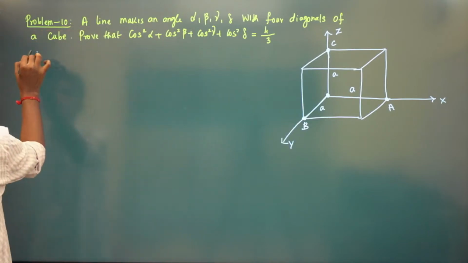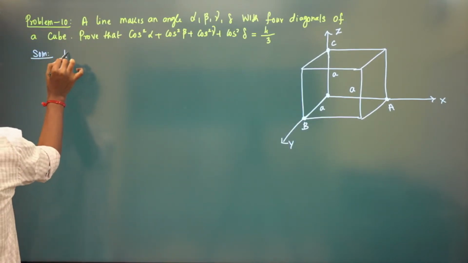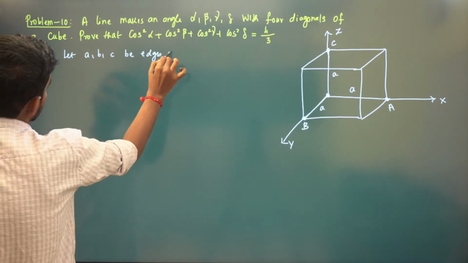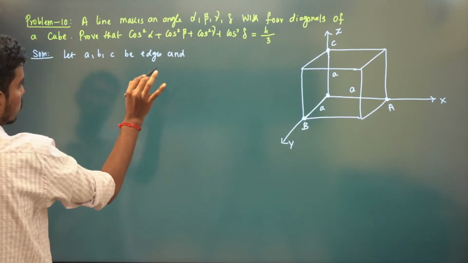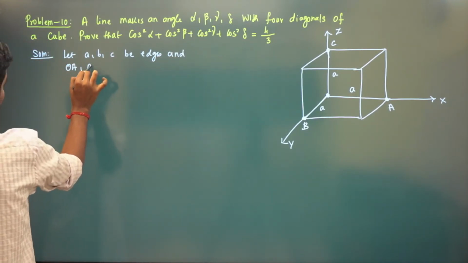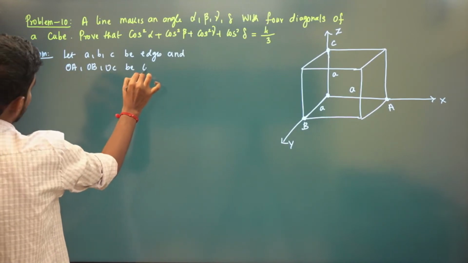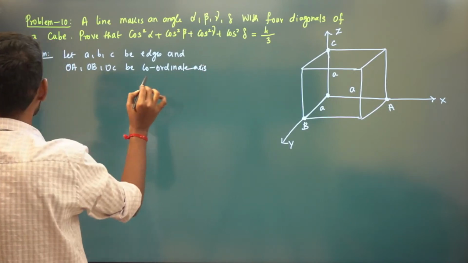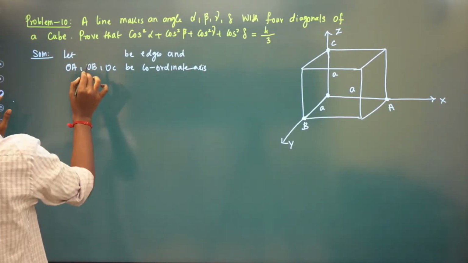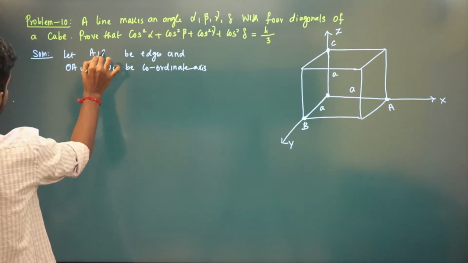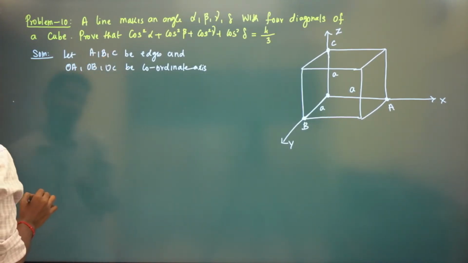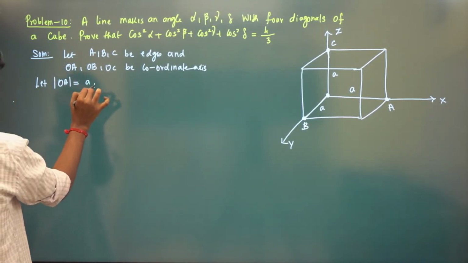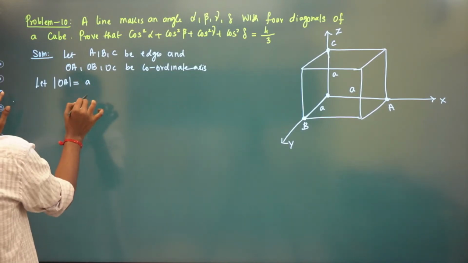So let a, b, c be the edges, and OA, OB, OC be the coordinate axes. Now let us take the distance OA to be a, and since it is a cube, all will be equal to a only.